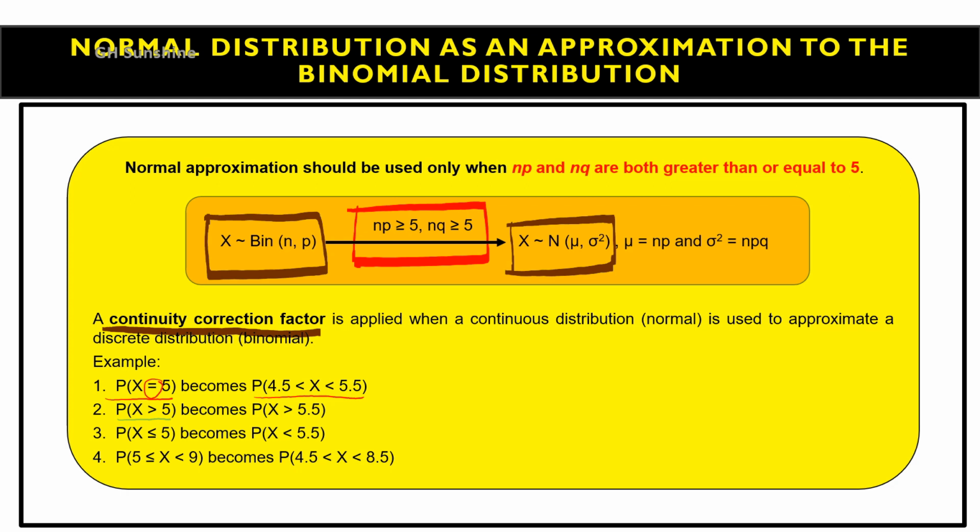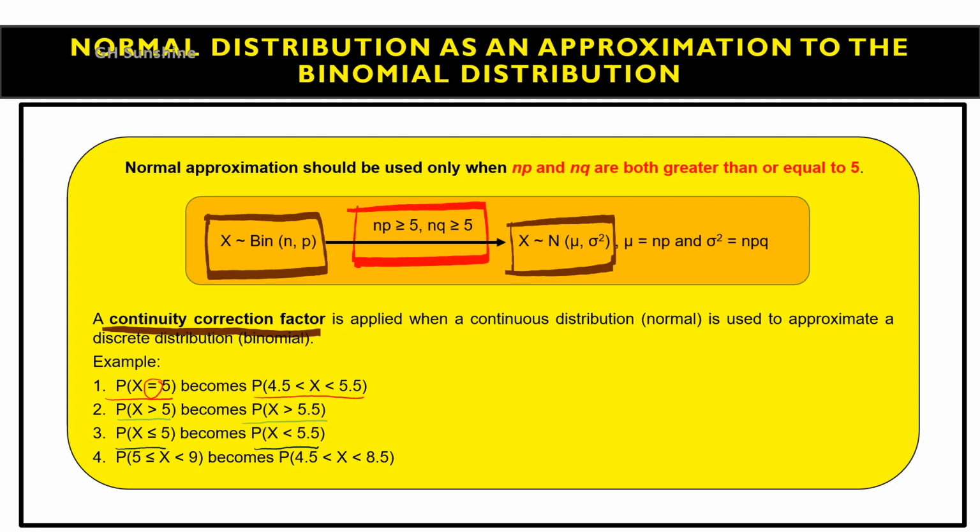So when you apply normal approximation, this becomes x greater than 5.5. Third example, at most 5 means including 5. So it becomes less than 5.5.